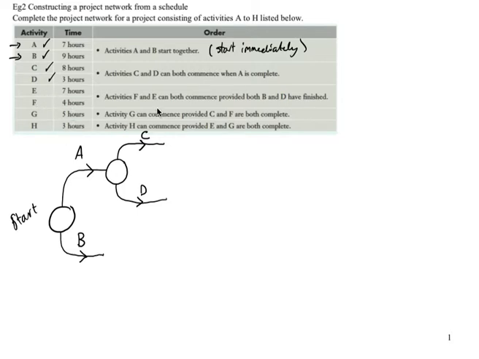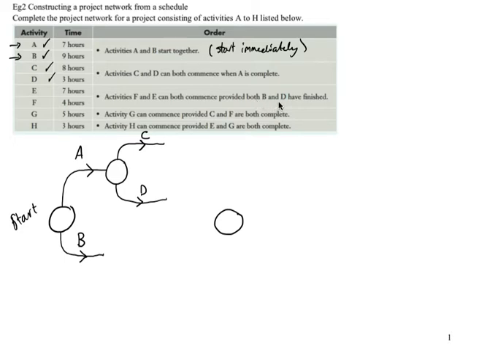Activity E and F can both commence provided both B and D have finished. So in this case, I'm going to draw a big circle here, and we have to wait for both B and D to finish.